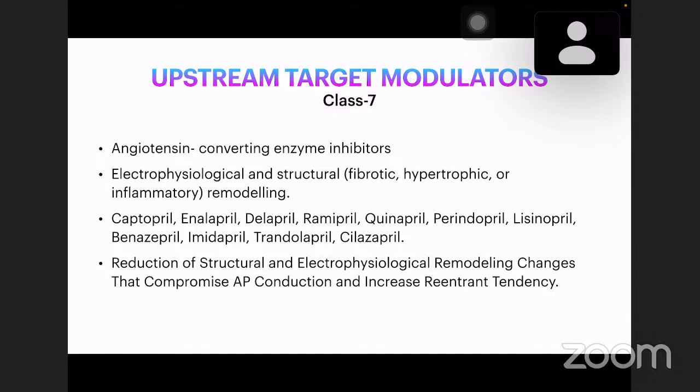The drugs are captopril, enalapril, as you know, all the ACE inhibitors come under this class, and they reduce the structural and electrophysiological remodeling changes that compromise AP conduction and increase the reentrant tendency.